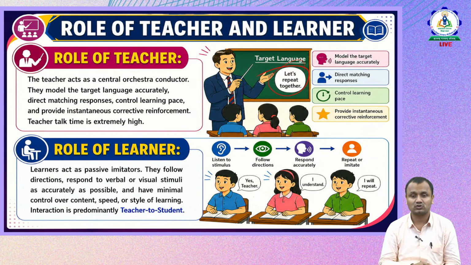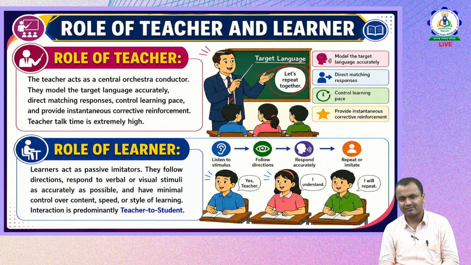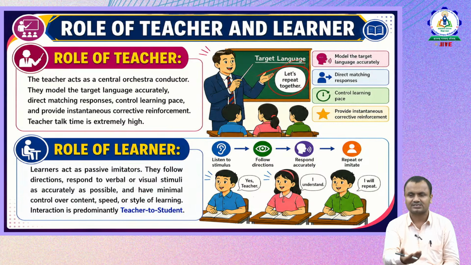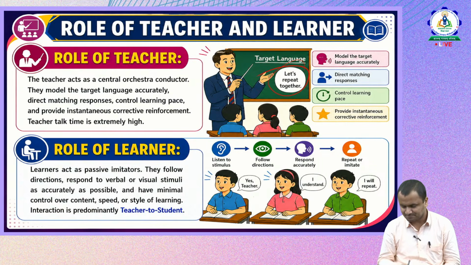What will learners do then? Yes sir, yes ma'am, I have copied, I have written, yes sir, I'll repeat the sentence, I will mimic, I will imitate, I will follow the instructions as and when you give. So the teacher is playing the active role, whereas the learners play the passive role.